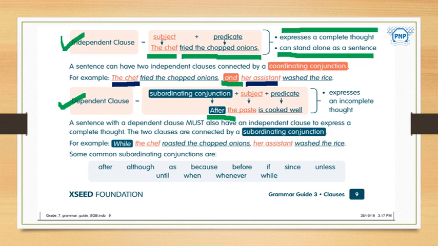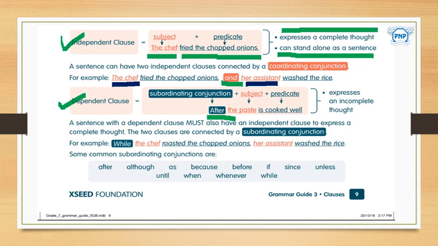"After the pasta is cooked well" is an incomplete sentence. So this is called a dependent clause, which depends on another clause for its meaning. A sentence with a dependent clause must also have an independent clause to express a complete thought. The two clauses are connected by a subordinating conjunction.